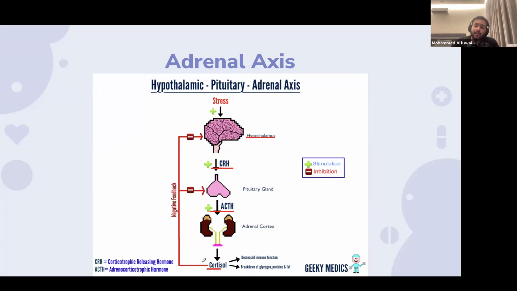The main point of this axis is an increase of cortisol. So you could have something increasing ACTH from the pituitary gland, going to the adrenal gland and causing increased cortisol. Or you can have something over here causing increased cortisol, and the increased cortisol causes decreased ACTH through feedback inhibition. This is the main point of the main axis, okay?